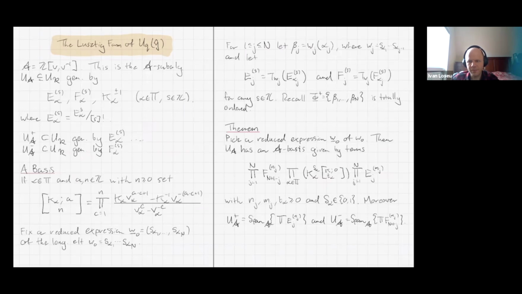So maybe I'll just end with a very quick remark about the proof of this. In Lustig's original papers, he proves this for one special choice of reduced expression for W_0. He picks a nice reduced expression with certain properties and then proves it for that reduced expression. Then an argument by Dyer and Lustig shows that once you know it's true for one reduced expression, it's true for all reduced expressions by using the action of the braid group.